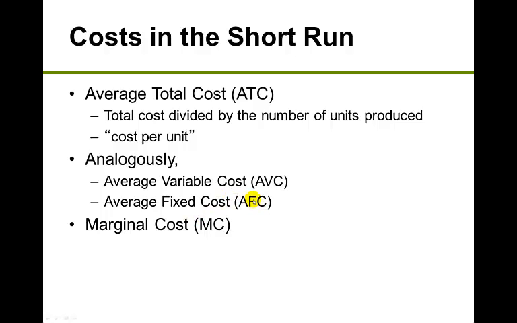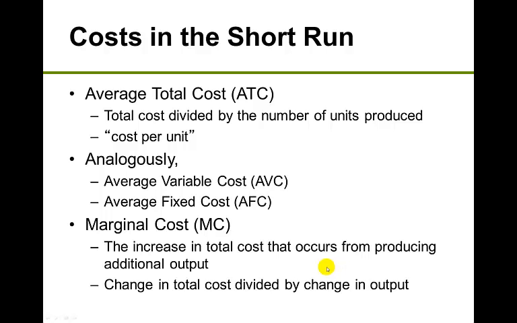Take however many variable costs we have for our level of output, divide that by the quantity, that's our average variable cost. For fixed costs, take our fixed costs, divide them by our quantity, that gets us our average fixed cost. And then we have marginal cost. Marginal, again, think change. So marginal cost is the change in my total cost if I produce just a little bit more.